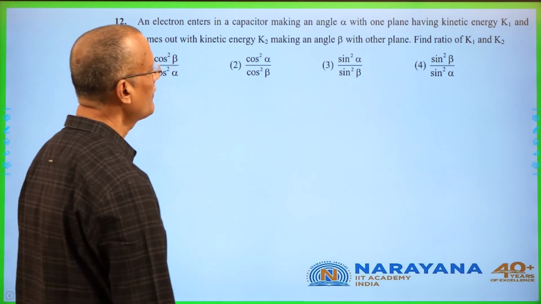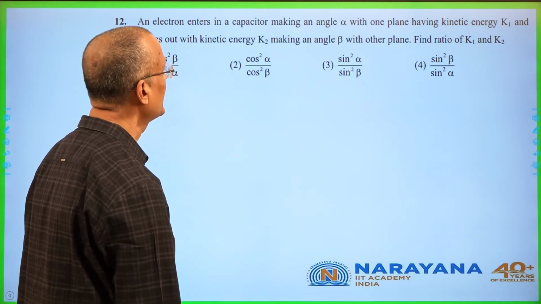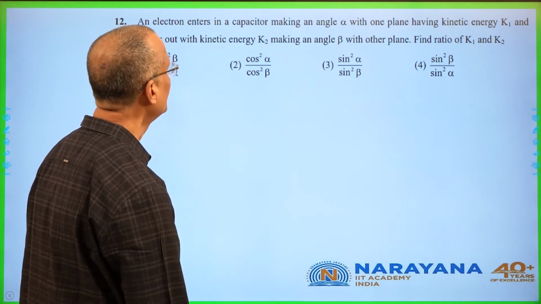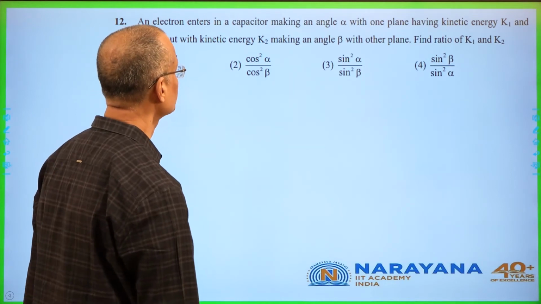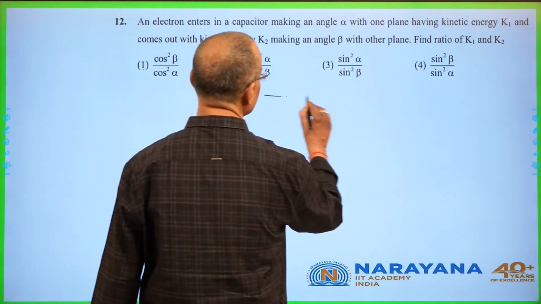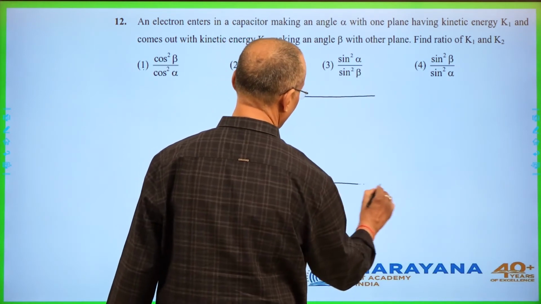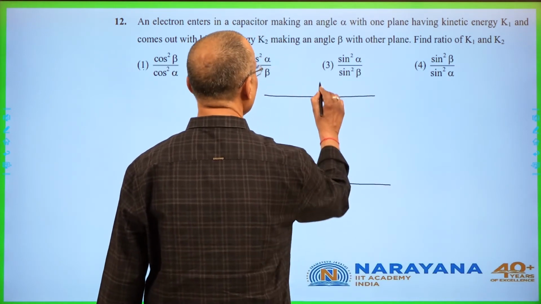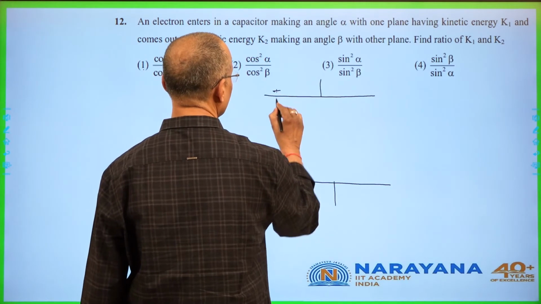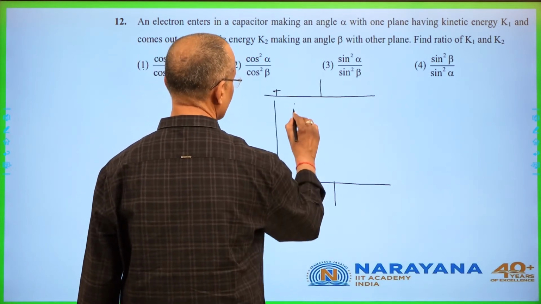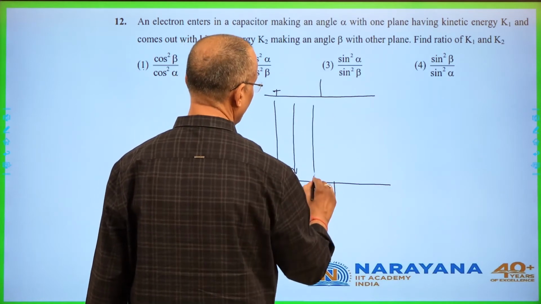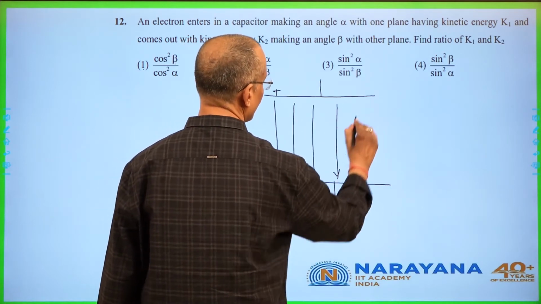Now find the ratio of K1 and K2. If this is my capacitor, one plate will be positive, the other plate negative, and the lines of force will be like this.